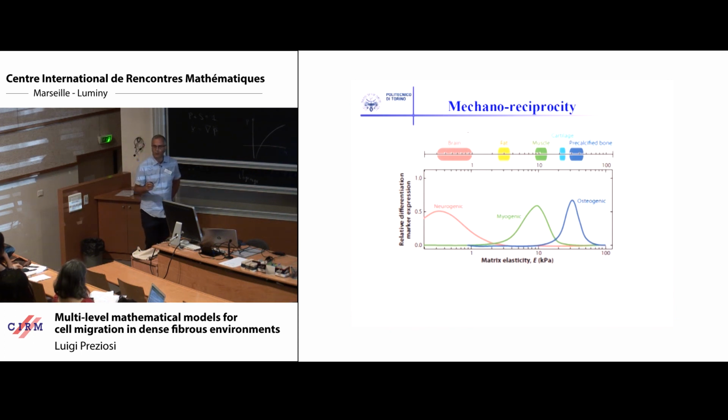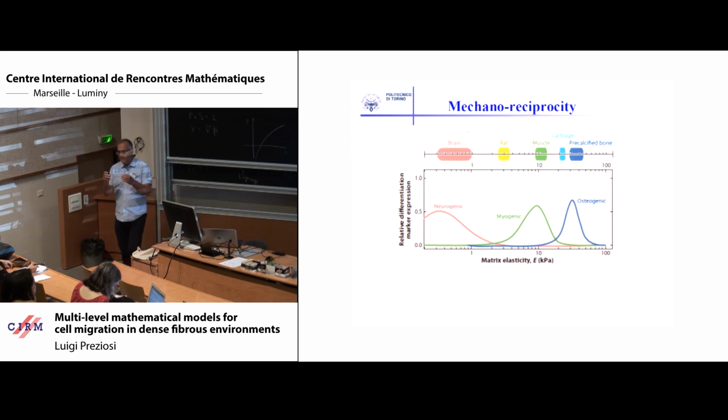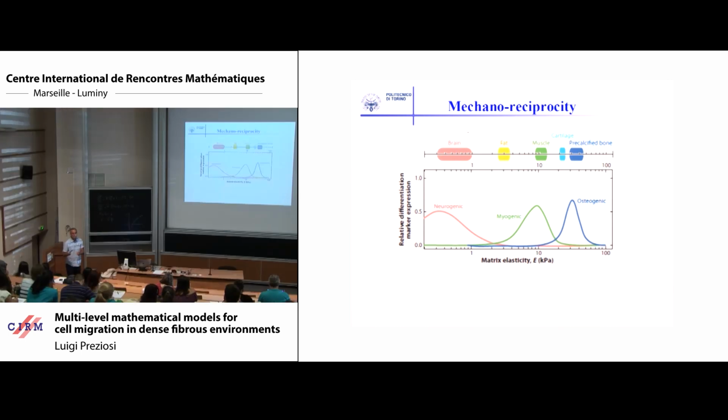If you put a stem cell which is not differentiated, pluripotent, it can become a neuron if the matrix is soft, or can become a bone if it is too stiff, or can become a muscle, or whatever. The same cell. According to the environment, it changes the fate of the cell. This is called mechanoreciprocity.